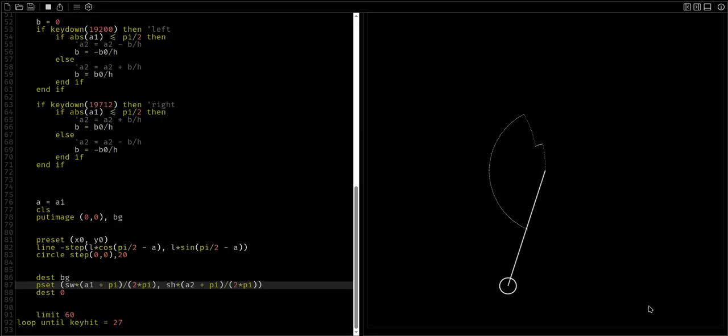Okay. So already we see the so-called phase space of the pendulum.